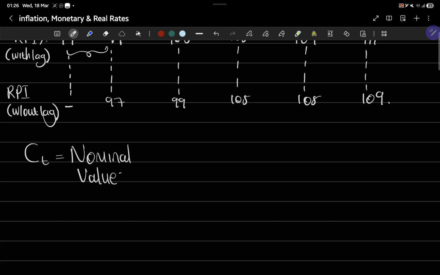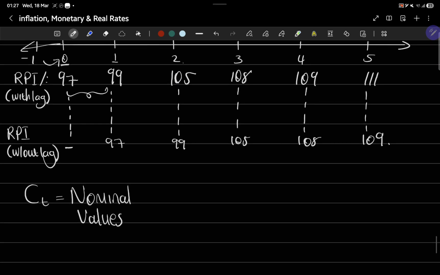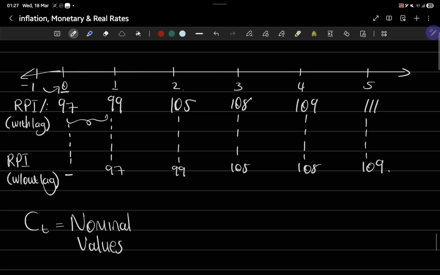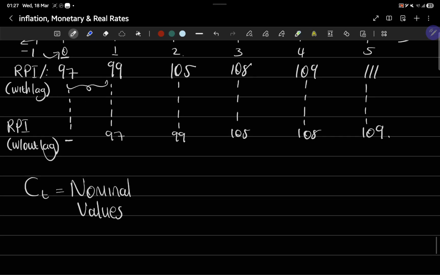Remember, the nominal values still have to be transformed into monetary cash flows. That's why we have the monetary cash flows as what we're changing into. The nominal values are not monetary or real, so they're susceptible to being changed into monetary cash flows.